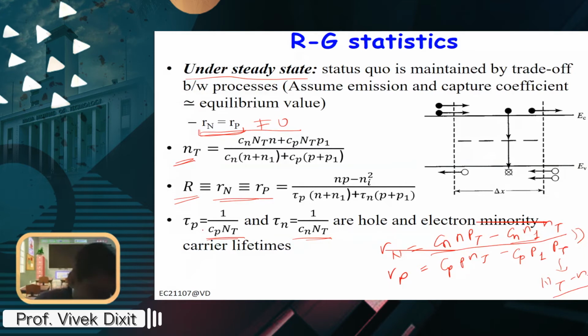And for fabricating devices such as BJT or MOSFET, you would like to minimize the trap levels, right? So for that, we have to remove the impurities, so that it increases the carrier lifetime, right?